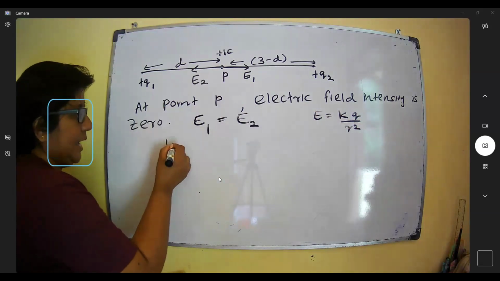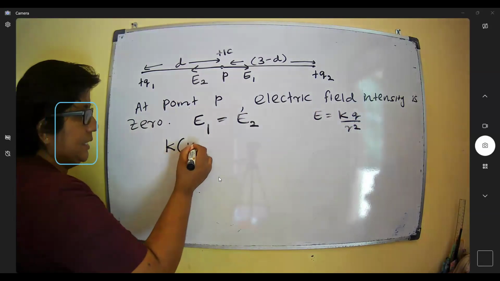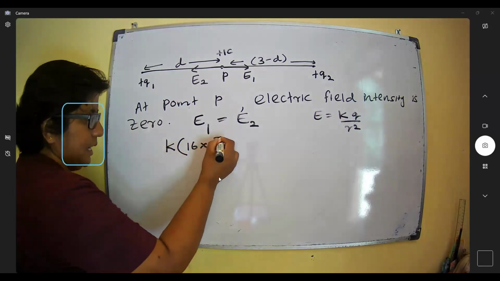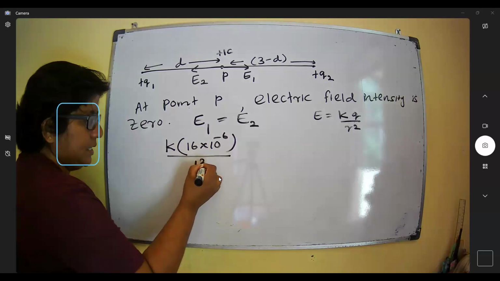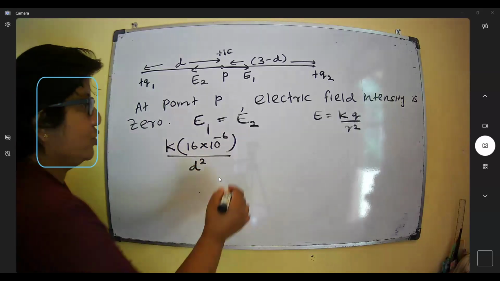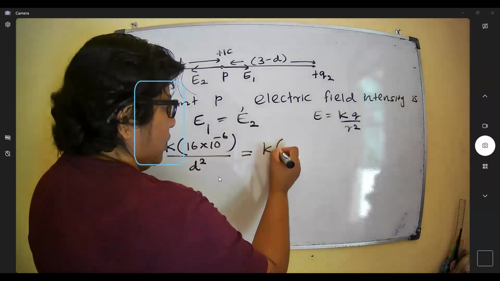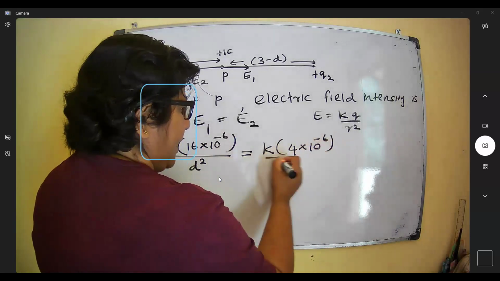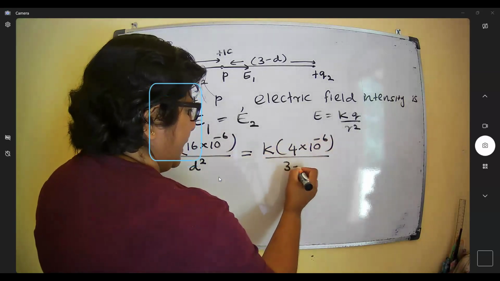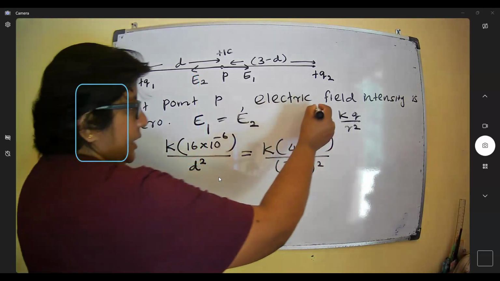Then E1 is K times Q1, charge is 16 into 10 minus 6, divided by R, R is distance D, squared. And this should be equal E2. E2 is K times 4 into 10 minus 6 divided by 3 minus D squared. It's the electric field intensity equation.